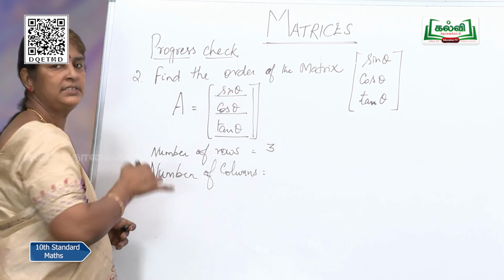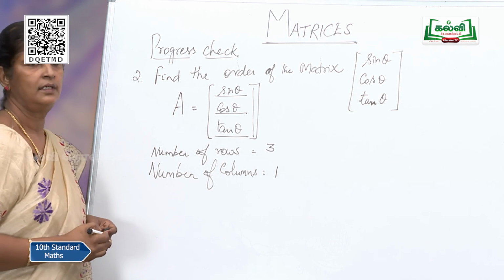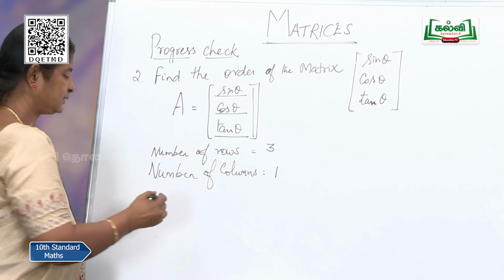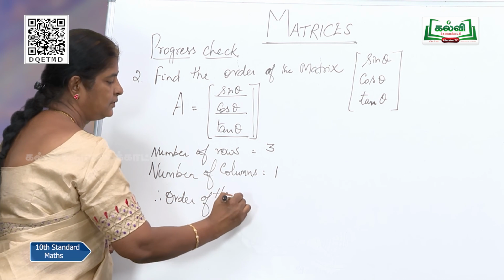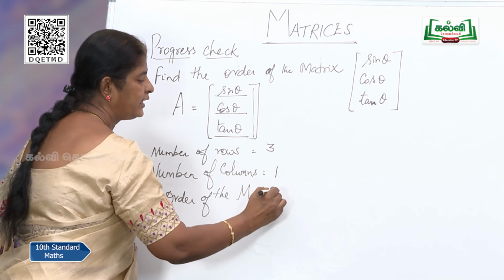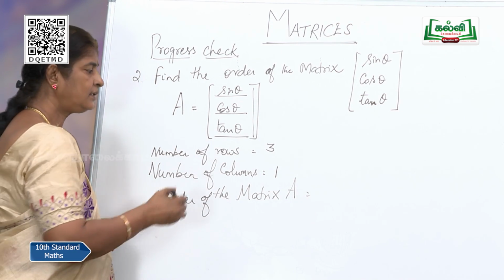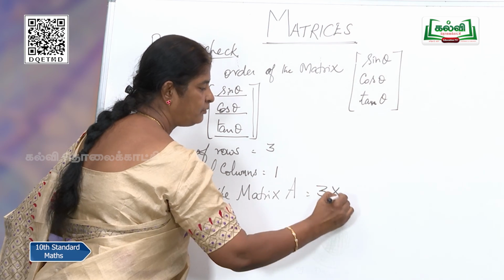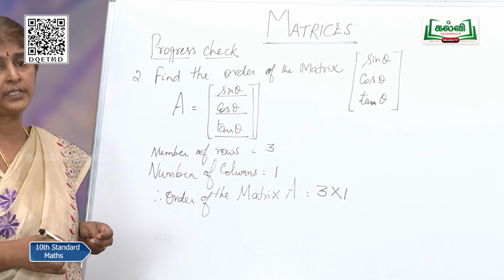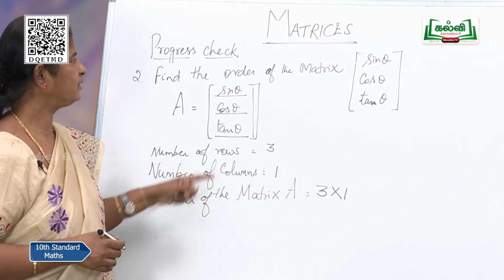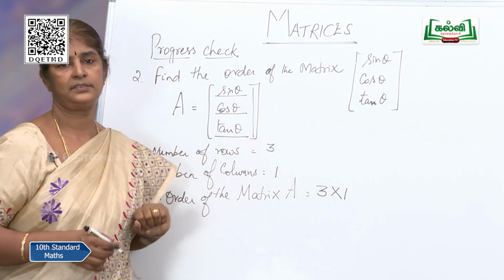Only one column is here, no other column. So, the number of columns is 1. Now, they are asking the order of the matrix. Therefore, the order of the matrix A is the number of rows cross the number of columns, that is 3 cross 1, or we can say 3 by 1. 3 by 1 is the order of the given matrix sin theta, cos theta and tan theta.